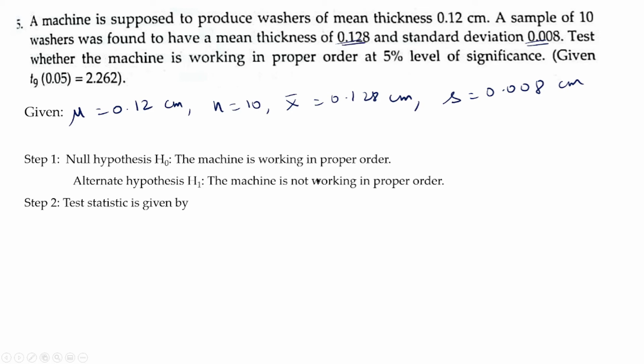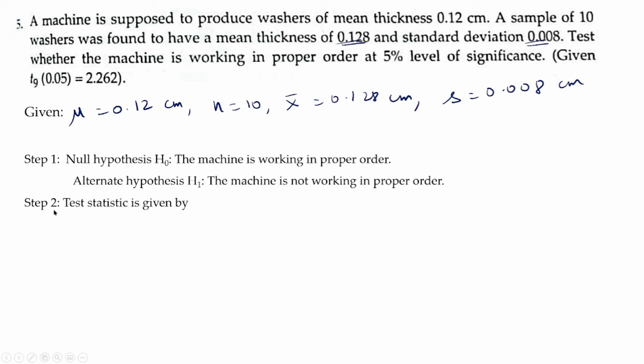The machine is working in proper order. The alternate hypothesis H1 will be the machine is not working in proper order. Null hypothesis H naught is nothing but there is no significant difference between the sample mean and the population mean. Whereas alternate hypothesis will be there is significant difference between the sample mean and the population mean.